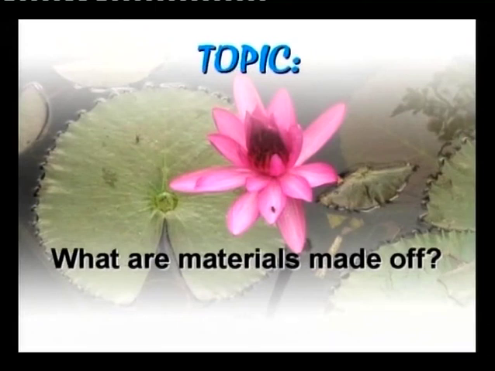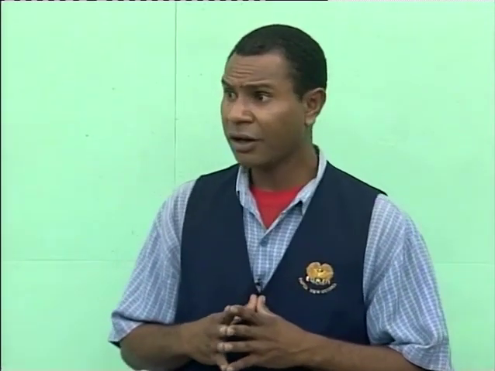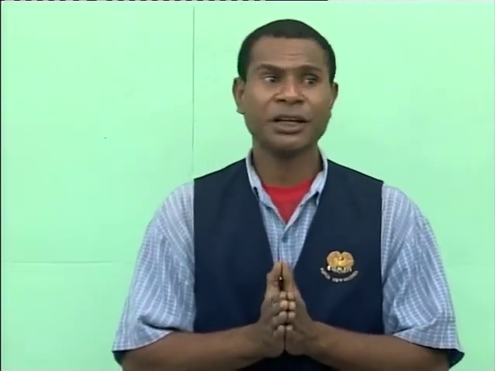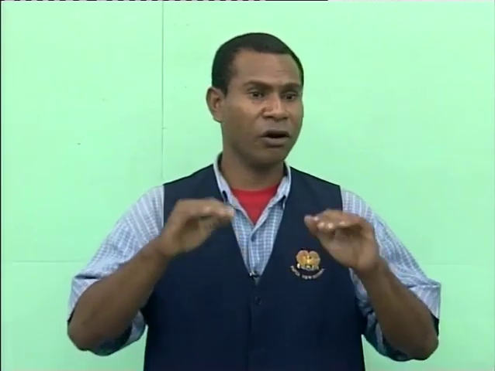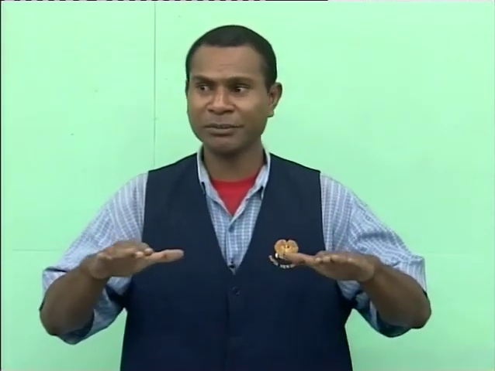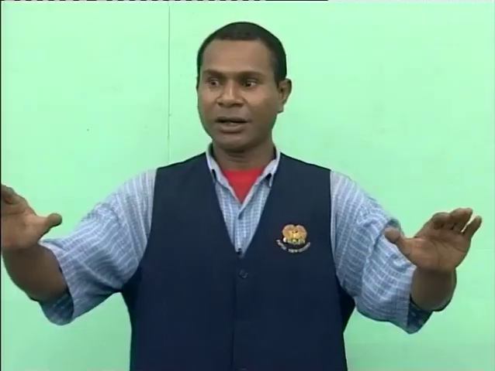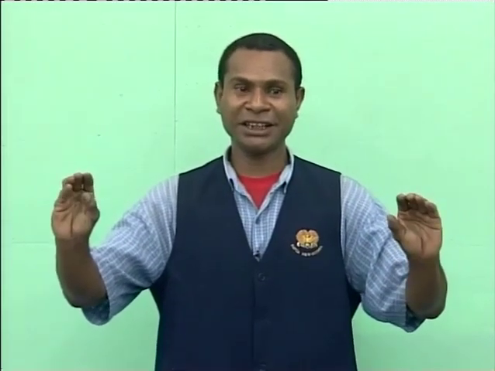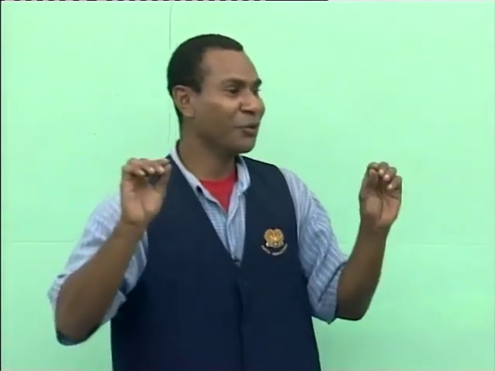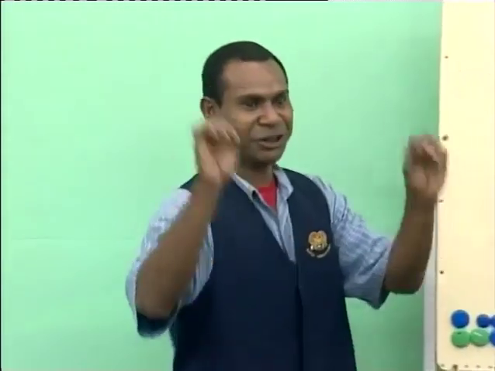All right, you should be in your groups. If you have brought some materials for this lesson, you may place them in front of you on your table. Put anything that you have with you on your table.